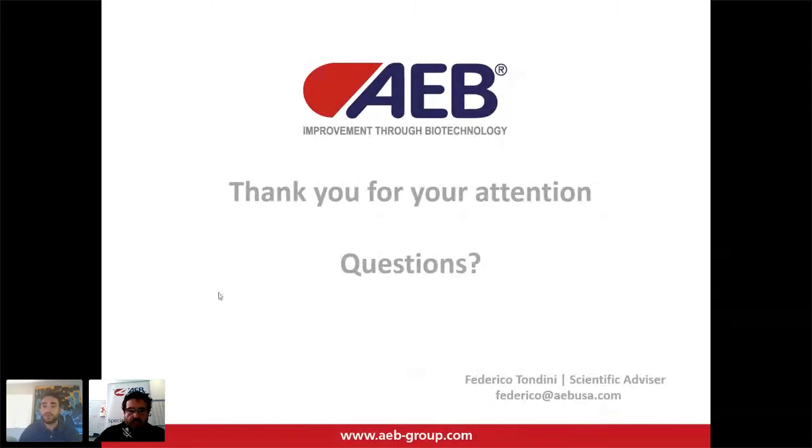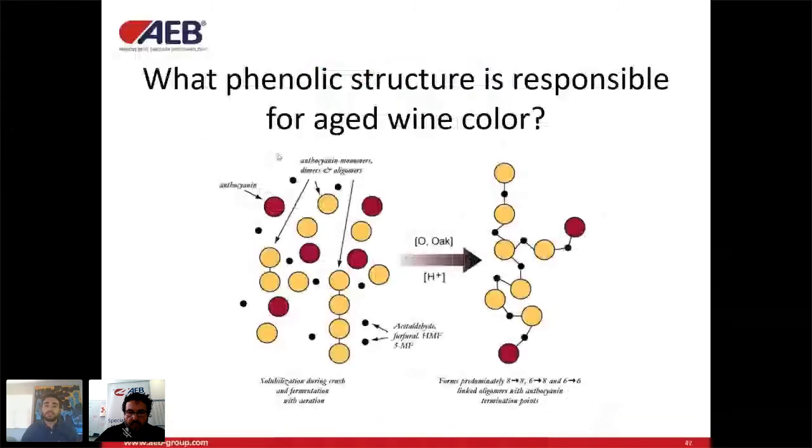So the first question was, what phenolic compound is responsible for aged wine color? And you answered copigmented anthocyanin. However, the right answer is polymeric anthocyanin.